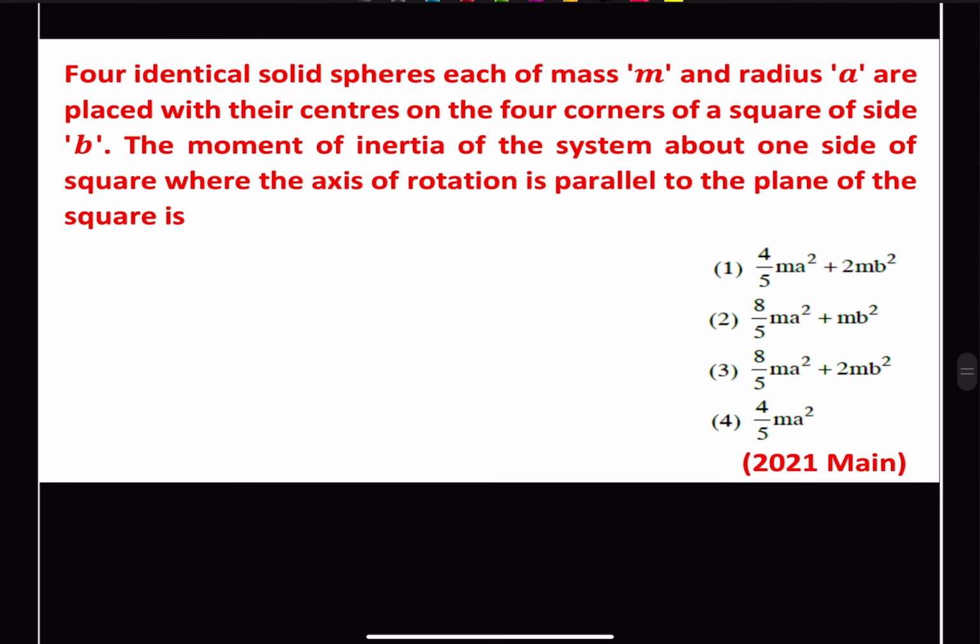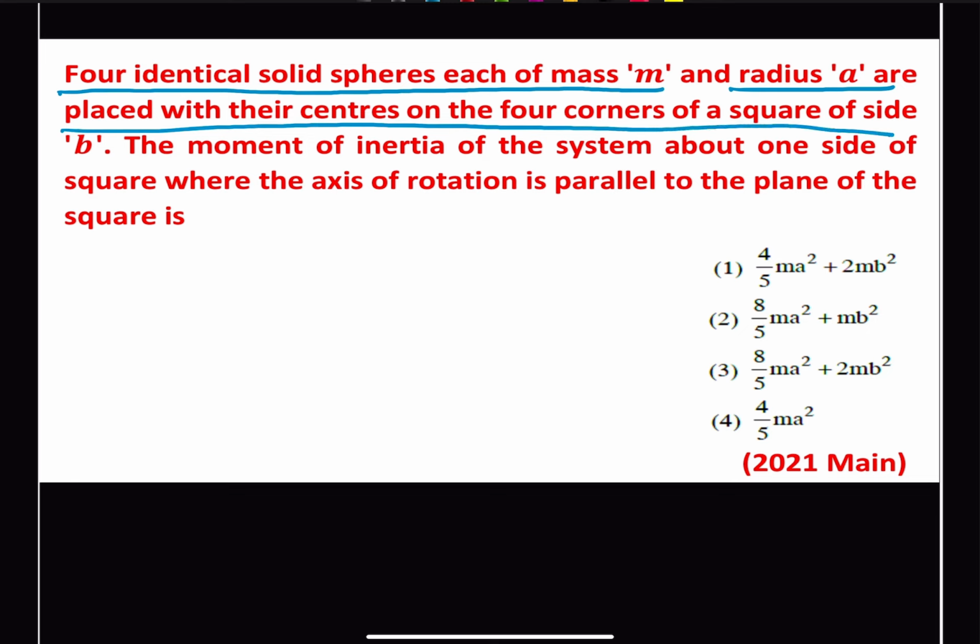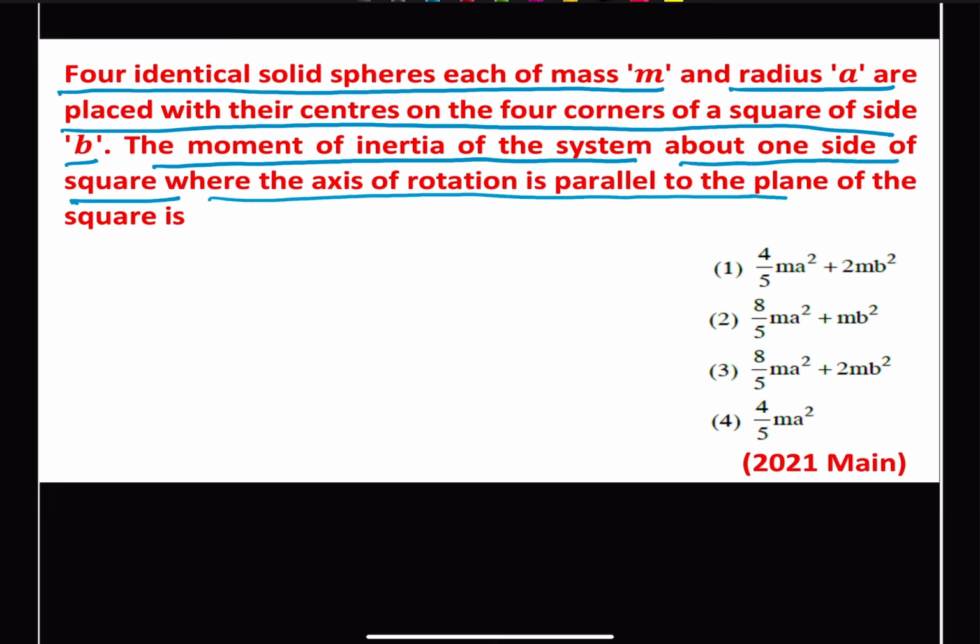It states that 4 identical solid spheres, each of mass m and radius a, are placed with their centers at the 4 corners of a square of side b. The moment of inertia of the system about one side of the square, where the axis of rotation is parallel to the plane of the square, is. So we can draw an approximate figure.